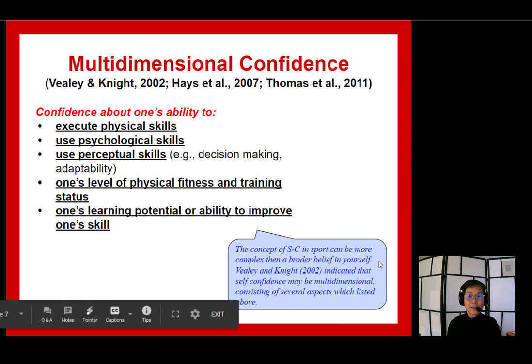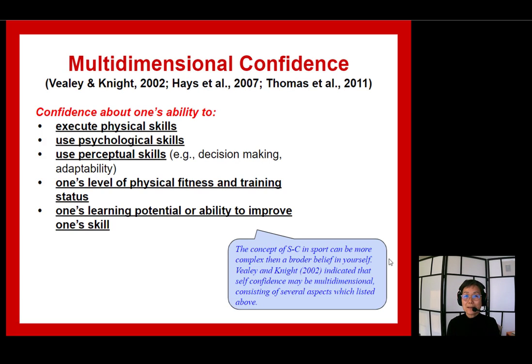So Dr. Bewley and her colleagues and other sports psychologists, I mean, a simple unidimensional definition of confidence is good as a start, but it doesn't really help to apply that concept to a very dynamic sports setting or physical activity setting. So they expanded that definition as a multidimensional concept.